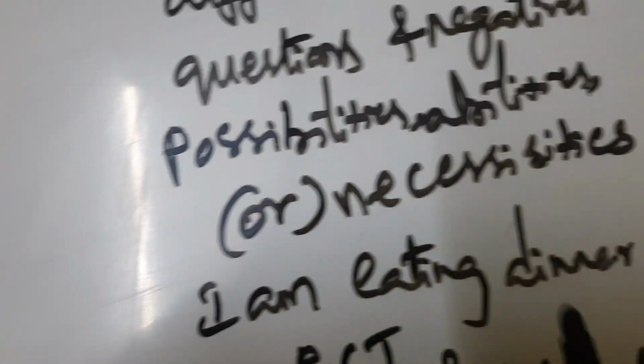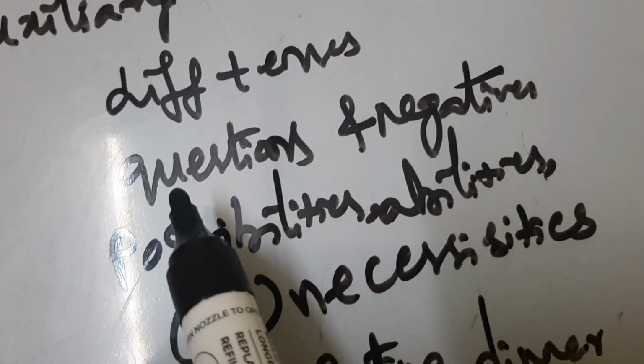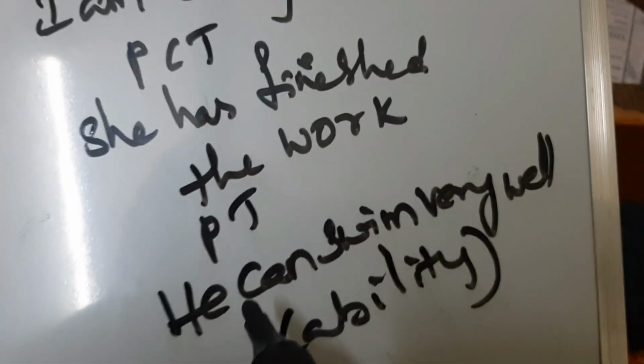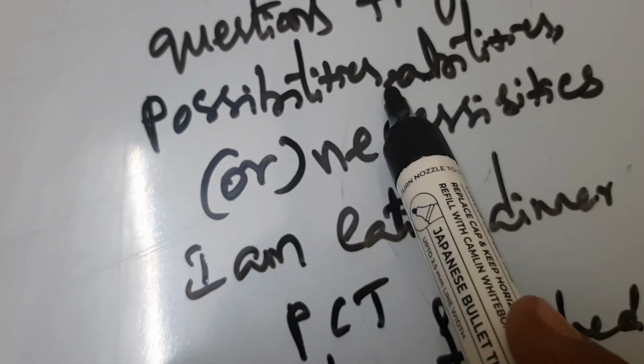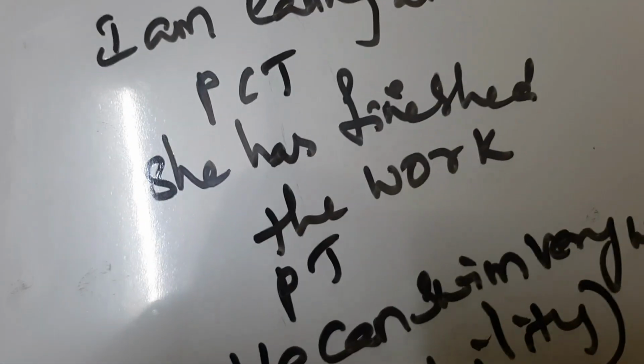You can swim very well, which shows the ability. Here we are writing down where we can use these helping verbs. We are using them in different tenses as well as to denote abilities.